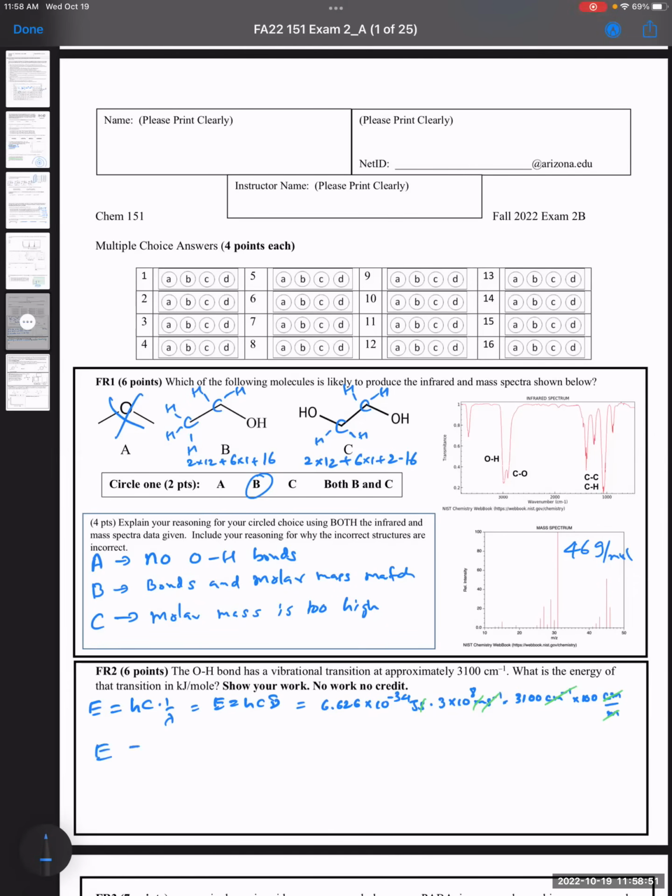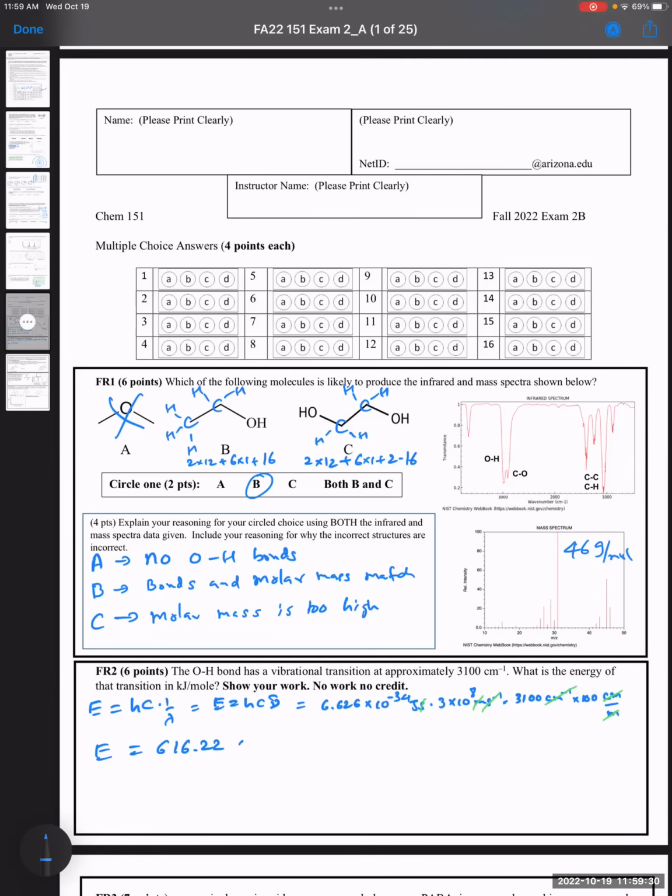So let's do that. Because it's just multiplication, we have 6.626 times 3 times 31, which is going to give us 616.22.